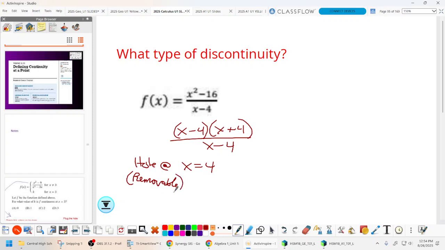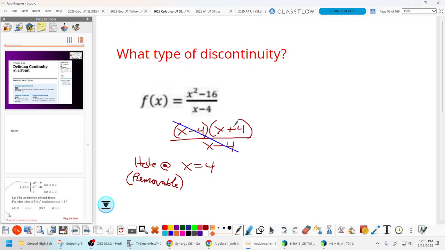If you graph this, what would it look like? It wouldn't be continuous because we have a hole. What would it look like though? What shape would it be? So look at this. Those cancel, and so what you're really graphing is this.